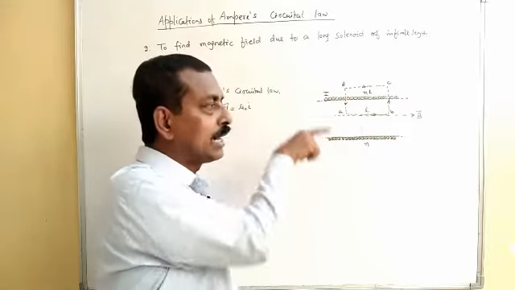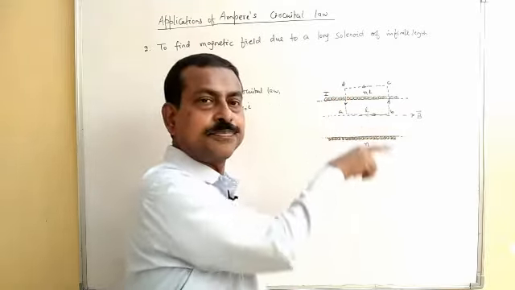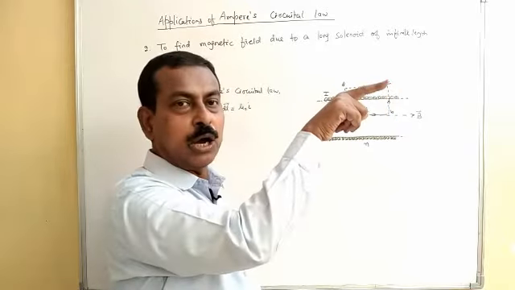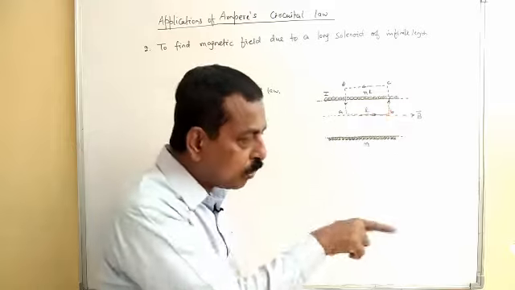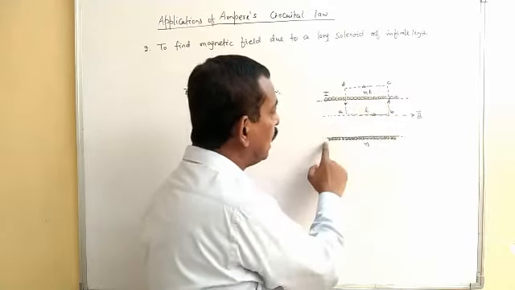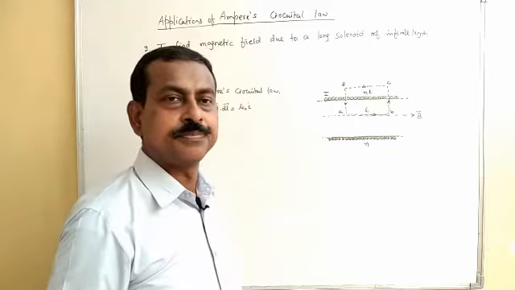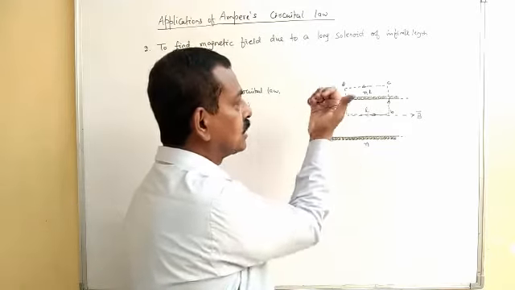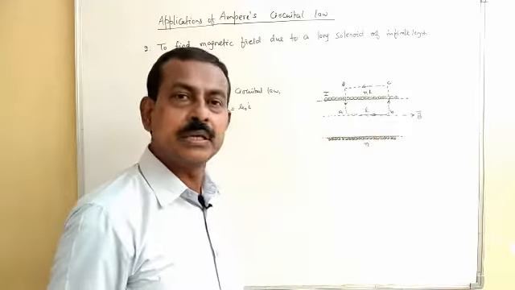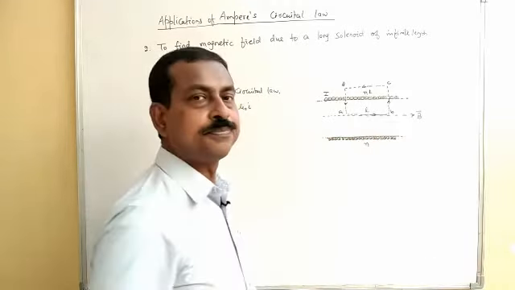If I show the direction of the current like this, through the upper point it is coming out and at the lower point it is going into the plane. That is what we have shown by the dot and the cross here. Dot indicates current is coming out, and cross indicates that the current is going into the plane of this board.